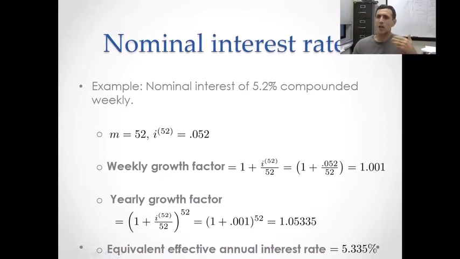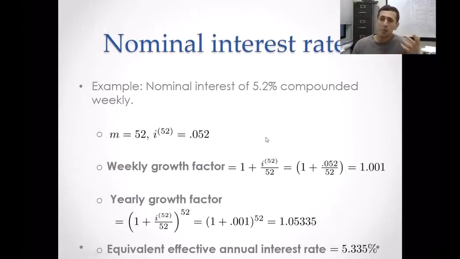Whenever I have an effective interest rate, I mean an actual interest rate. The actual annual interest rate here is 5.335%, meaning your fund grows by 5.335% each year.